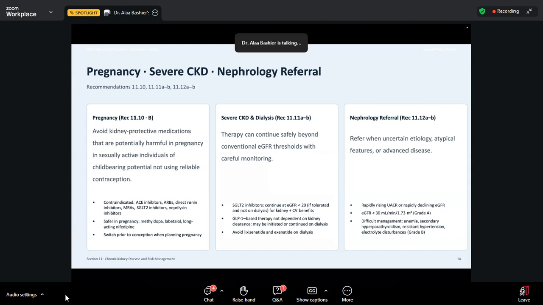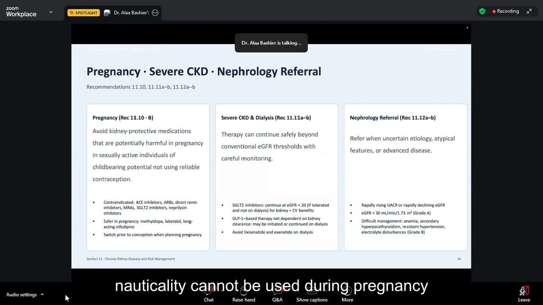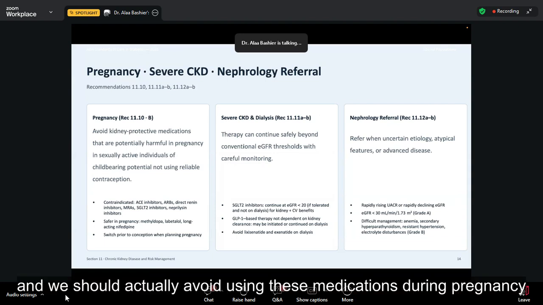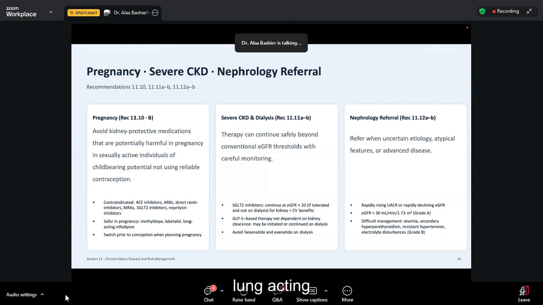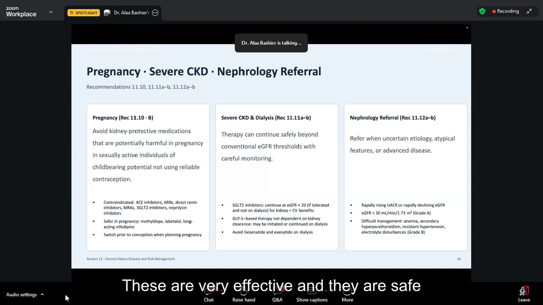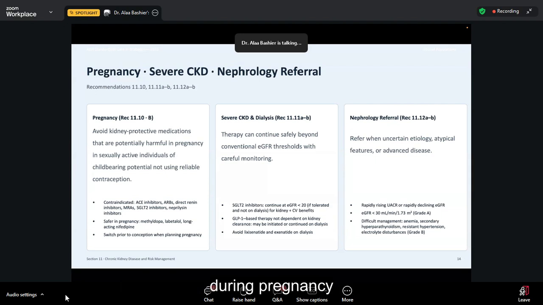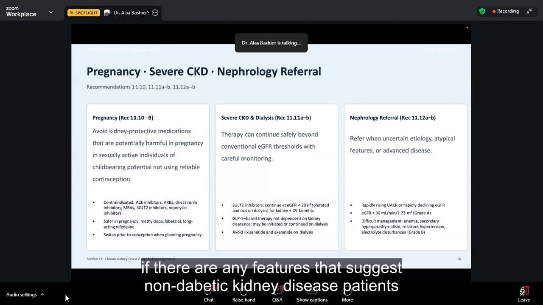All these medications cannot be used during pregnancy, and we should actually avoid using these medications during pregnancy. We might use safer antihypertensive medications like labetalol, methyldopa, long-acting nifedipine.